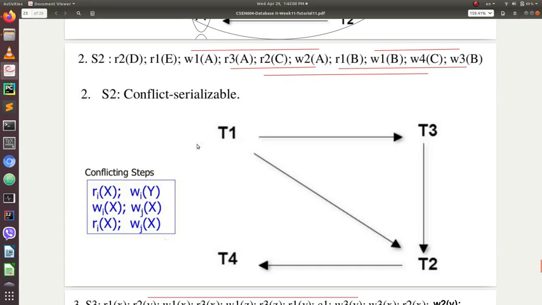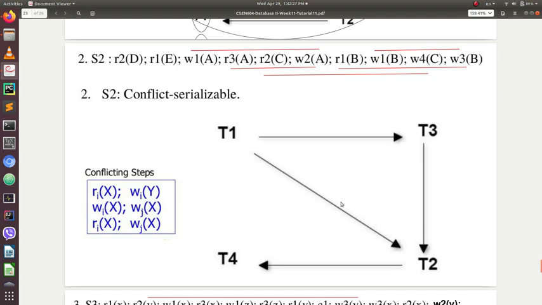So after finishing drawing our graph, we will check the graph and scan it to find if any cycle exists or not. Okay, don't be deceived easily. This is not a cycle. Going from T1 to T3 and going from T3 to T2, then going to T4.